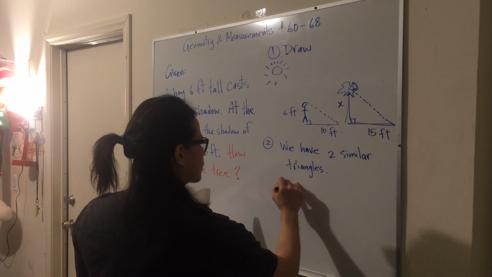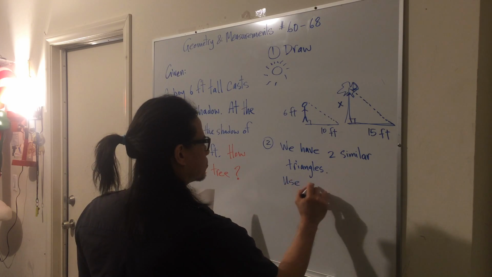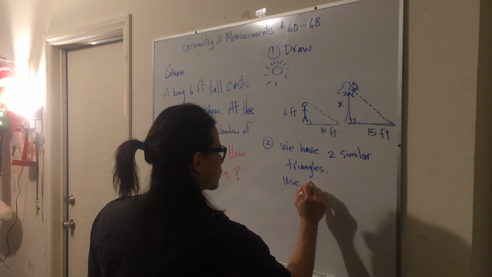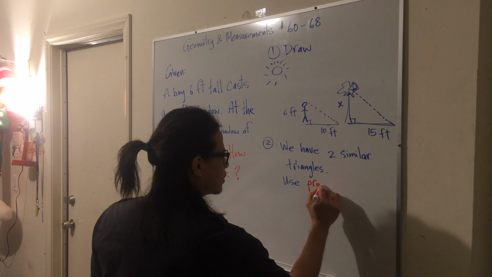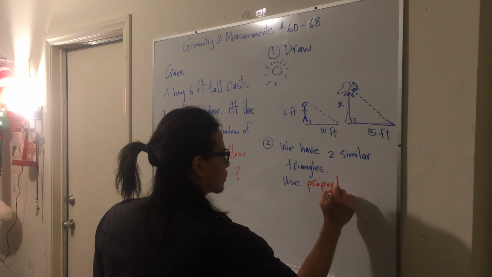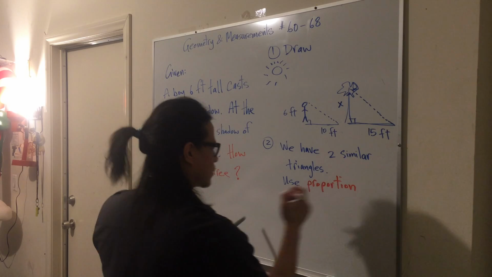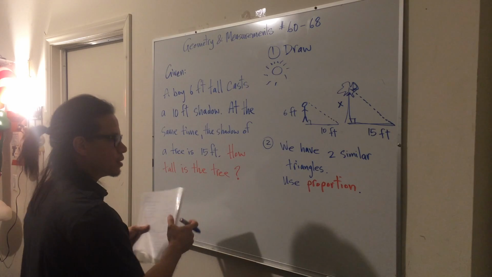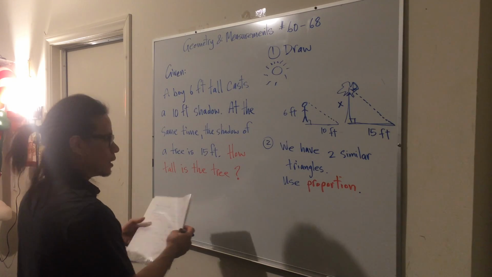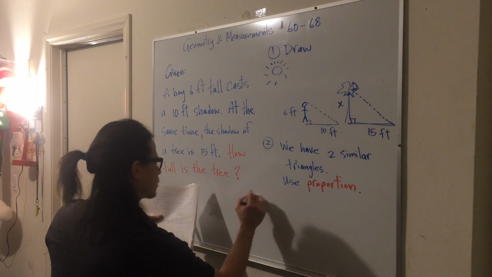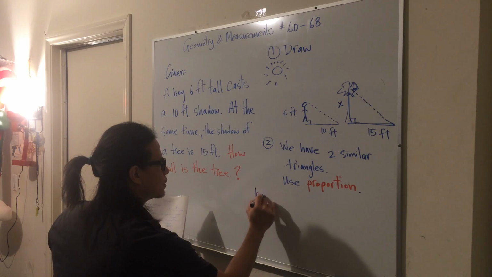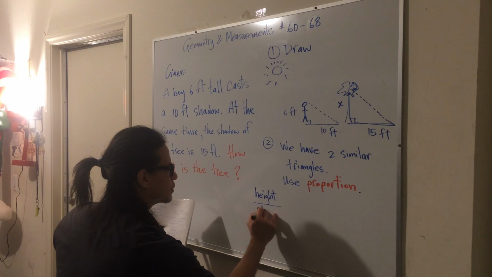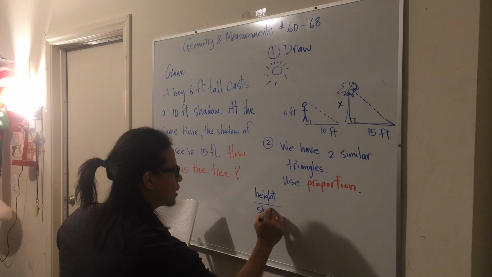So let's use proportion. That fancy word again. Remember, we can set up ratios. So let's set it so that we can compare height versus the shadow. So let's say height over shadow.